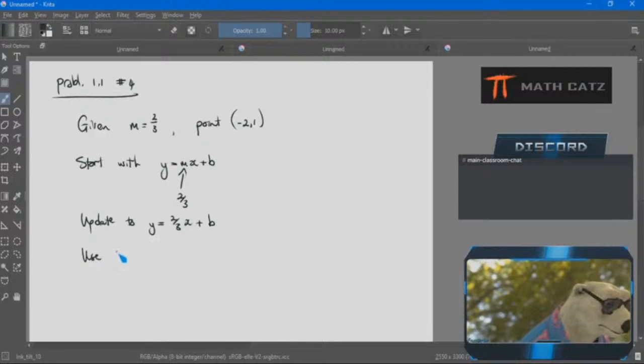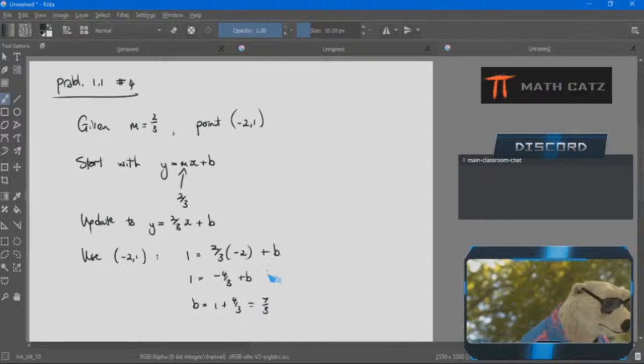So I can use the point -2, 1 and say, well, when y is equal to 1, x is equal to -2, and that equation has to be true. So I have simplified -4 over 3. So b is 1 plus 4 over 3. So that's 1 1/3, so 7 over 3.